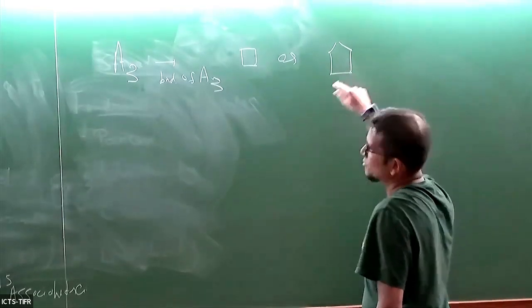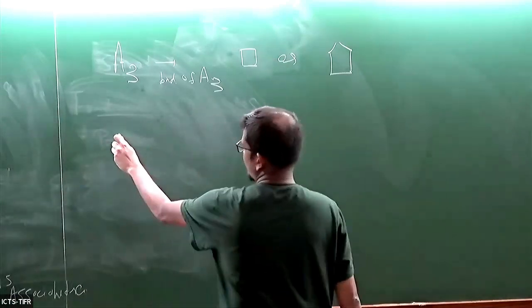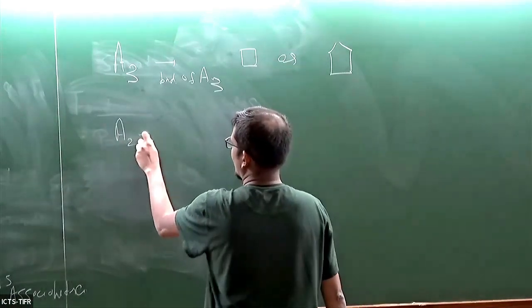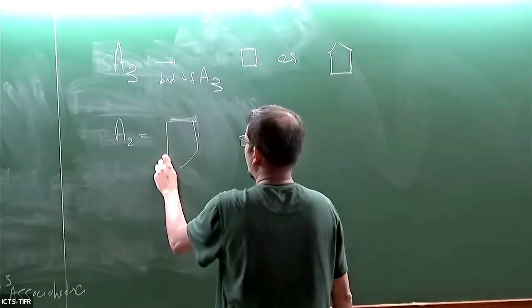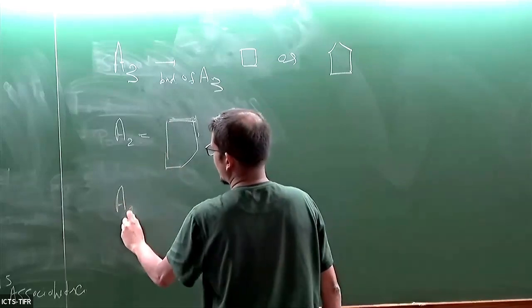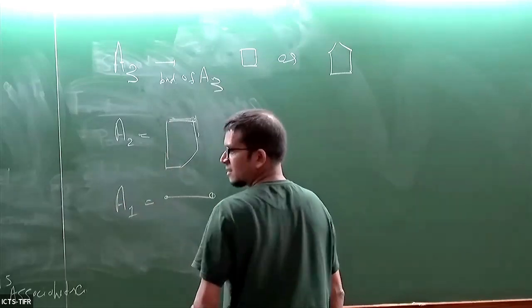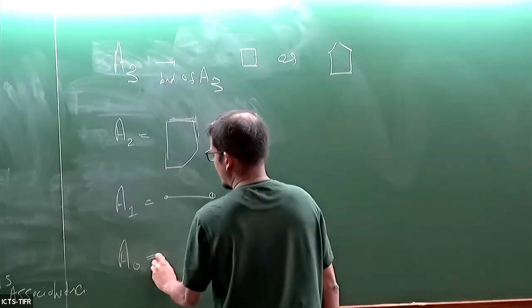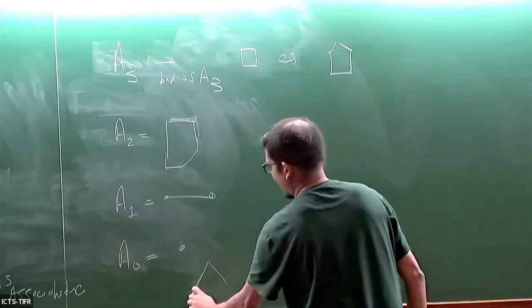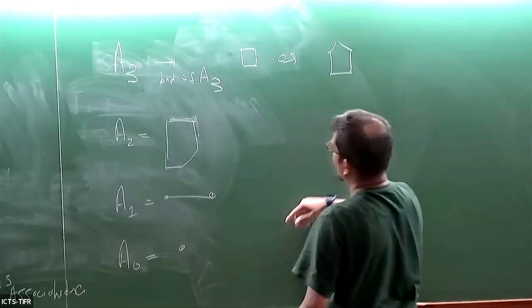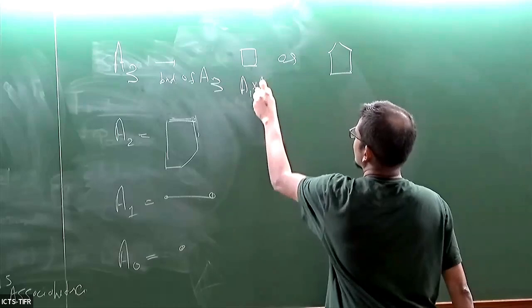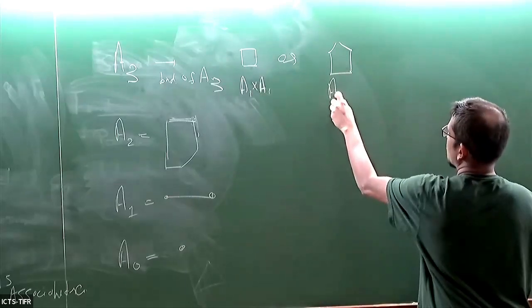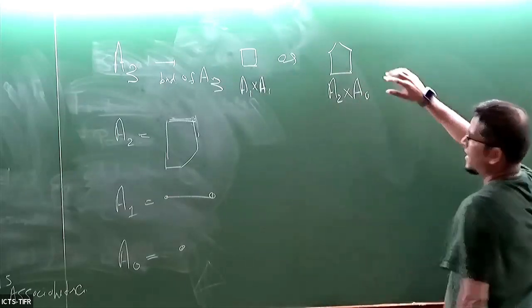The reason is that the one-dimensional associahedron comes out to be a line, and the zero-dimensional associahedron is simply a point, because it comes from a triangle which has no chords at all. So the square boundary is a product of A1 and A1, and the pentagon boundary is a product of A2 and A0. But you will never get a hexagon.